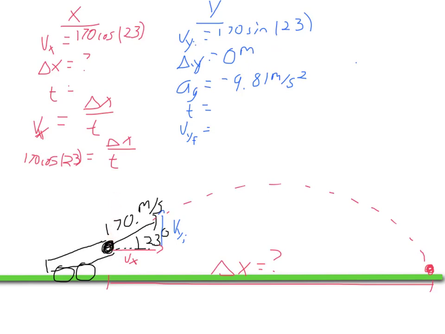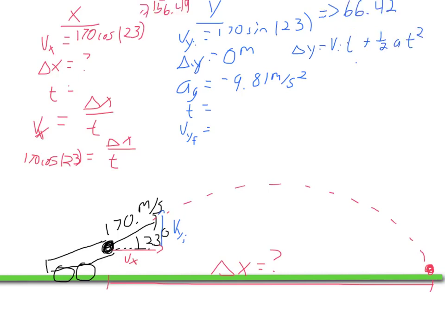So displacement, final minus initial, right? That's all that matters, not the path it takes. It starts and stops at ground level, thus the displacement is 0 meters. Gravity is what pulled it back down. I can use that information to solve for time, and I actually want to use the equation that I've been using this entire time. Delta y equals ViT plus 1/2 AT squared.